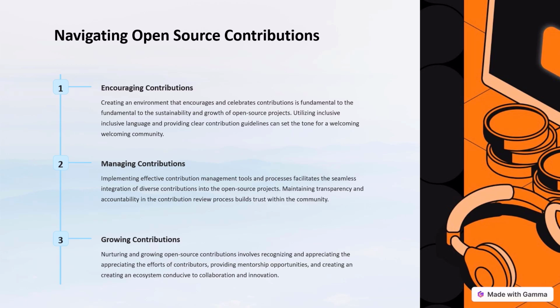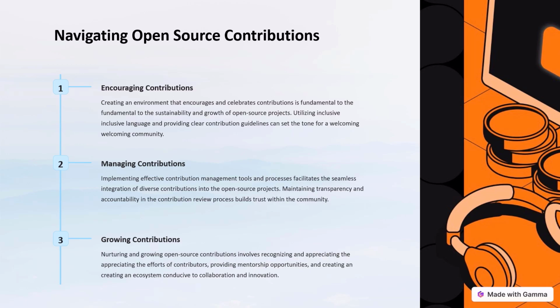Moving on, here I have mentioned navigating open source contributions. At some point you have to understand that a developer has to make peace with open source contributions.